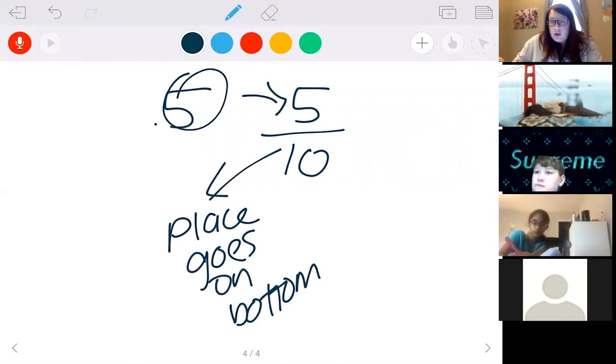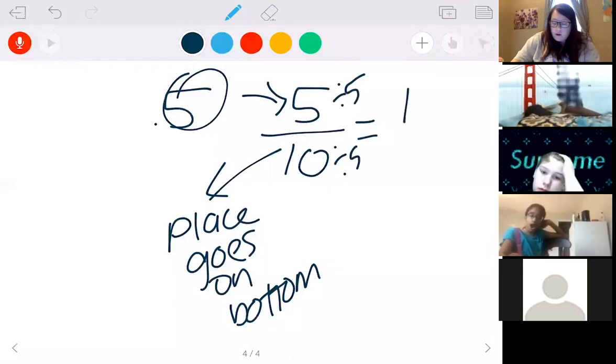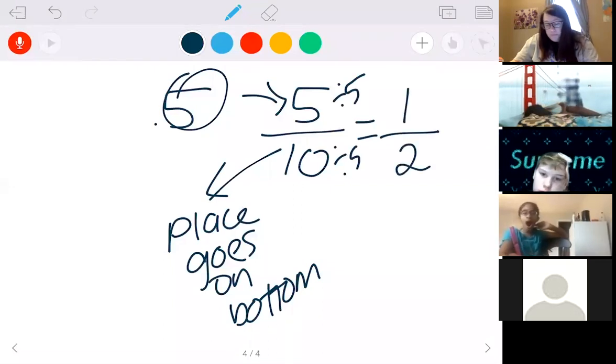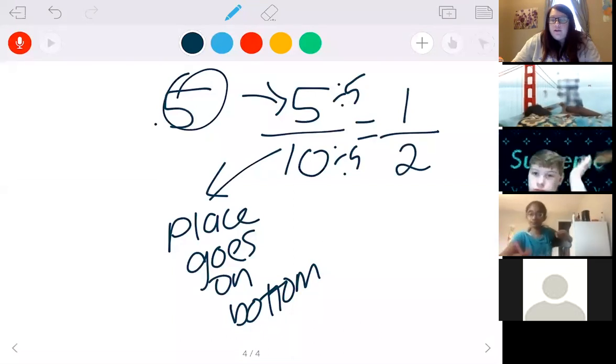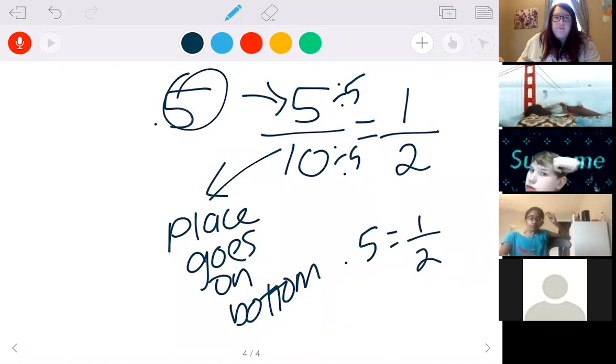But then there's always the one thing that you guys hate doing with fractions: it has to be simplified. And you'll see in the directions, write it in simplest form. So if we're simplifying this fraction, we can divide both of them by 5 and get 1/2. Okay? So 5/10 is equal to 1/2.